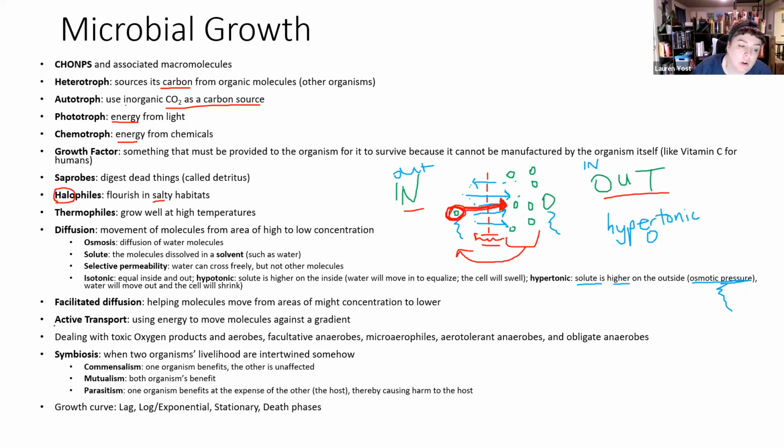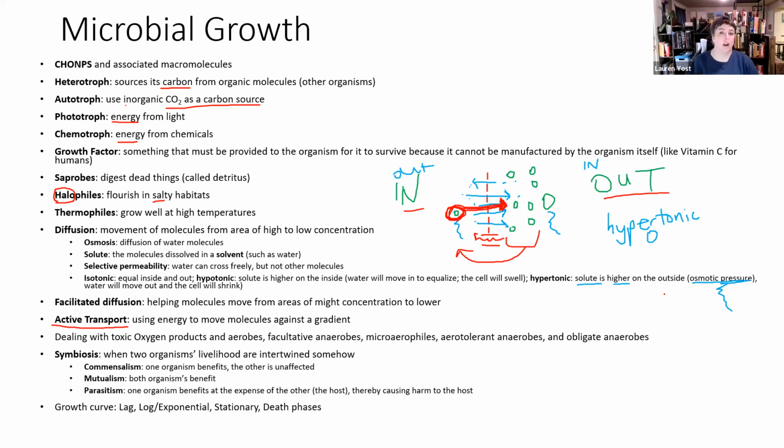So then we need something called active transport. We're going to need to use energy in order to force something against that gradient. We can pair it with using ATP or something else associated with energy and force that to go on the other side. That would be active transport, moving against the gradient, but it requires energy.